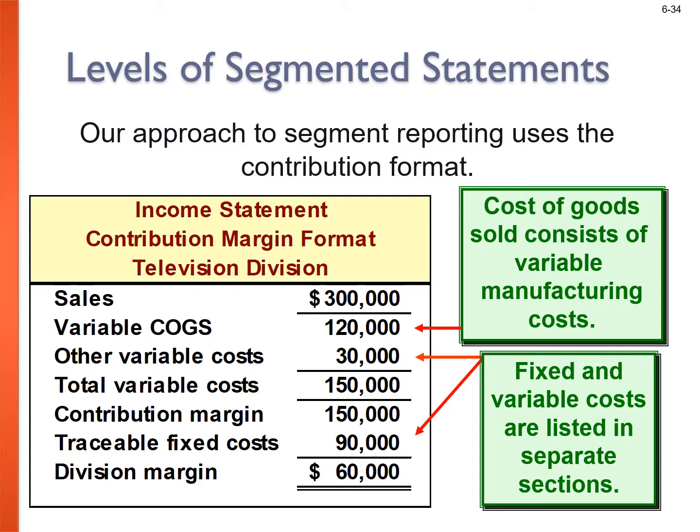Sales, $300,000 minus variable cost of goods sold and other variable costs, gives a contribution margin of $150,000 for the television division. They've separated their traceable fixed costs and subtracted them. So the division margin is $60,000.